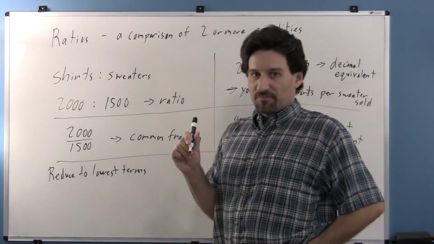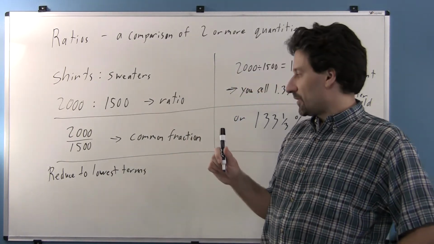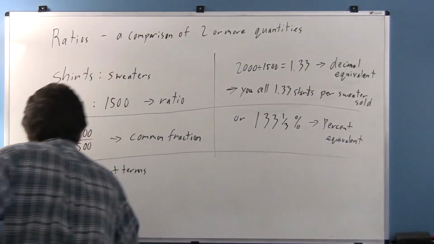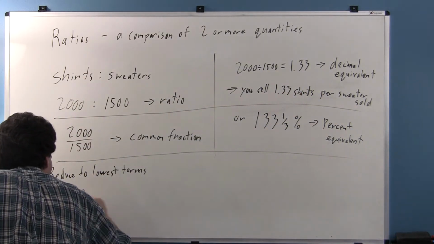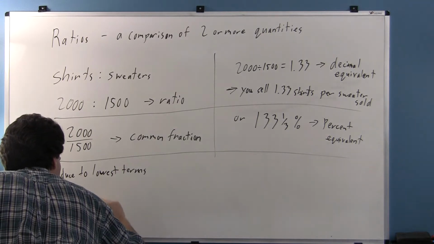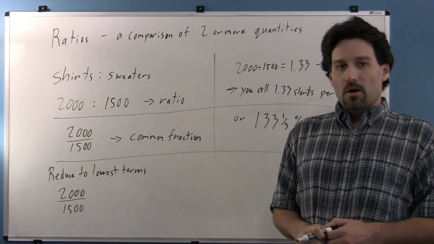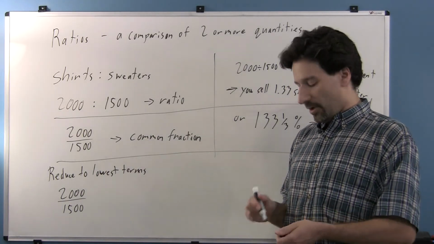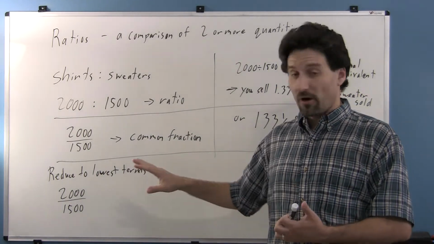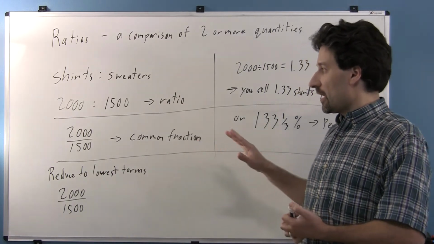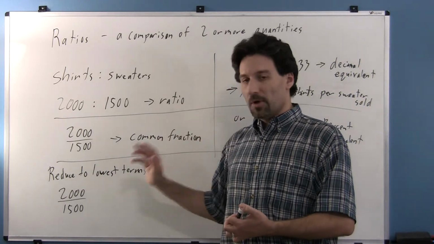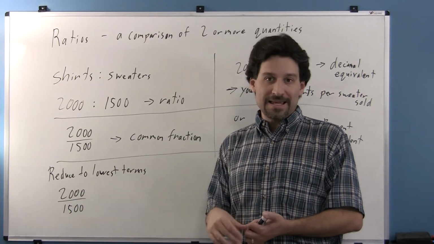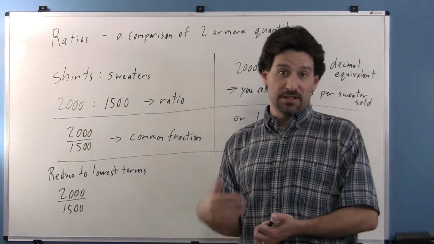And I'll go into greater detail in a moment with my next video, but let's just do a quick one here. 2,000, so 2,000 over 1,500. When you're trying to generate equivalent fractions, fractions that ultimately have the same overall value, you can multiply or divide the numerator and denominator by any factor, as long as it's the same number.